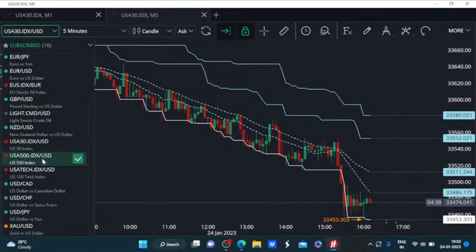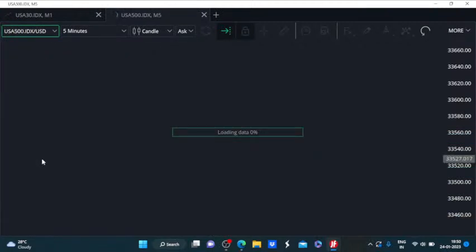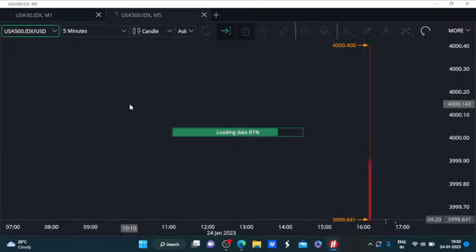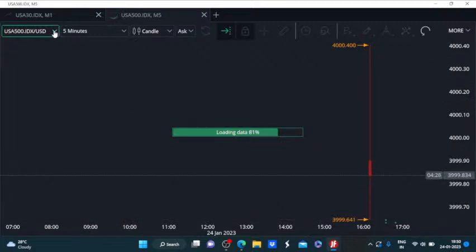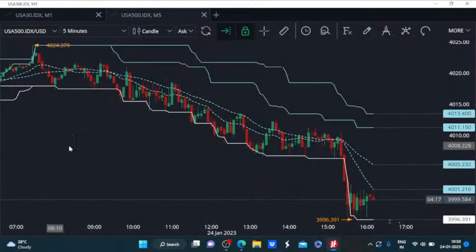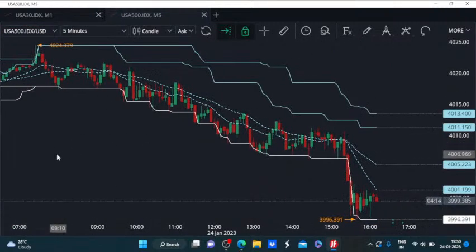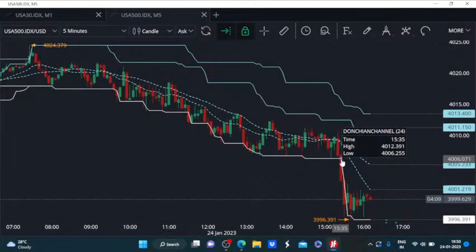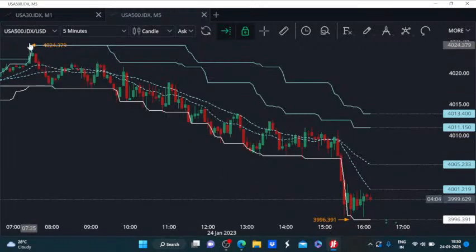And if we take a look at the S&P 500, for the S&P 500 the magnitude is almost similar, but of late it is showing a sharp decline of around a quarter percentage point.